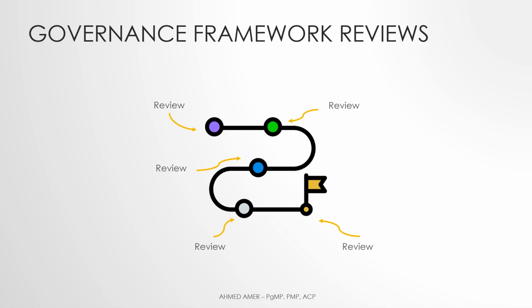Reviews often take place at the end of program phases. At these key decision points, governance also checks if any changes are needed and approves or disapproves them. Accordingly, these reviews help ensure that each program phase or segment only proceeds with proper approvals.